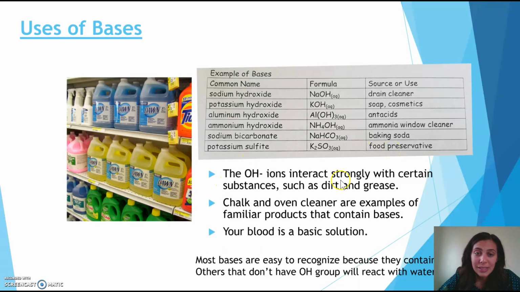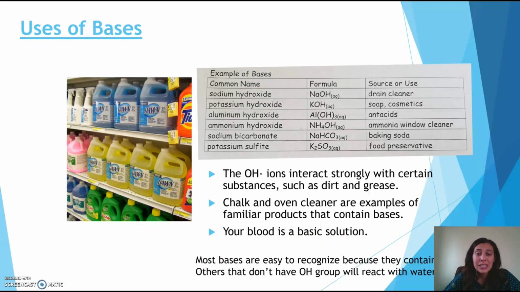Now, the hydroxide ions will interact very strongly with certain substances like dirt and grease, and that's why they're generally used as very good cleaning solutions. Your blood is very slightly basic with a pH of about 7.2 to 7.4. Now, most bases, and we're going to talk about the pH in the next presentation as well.